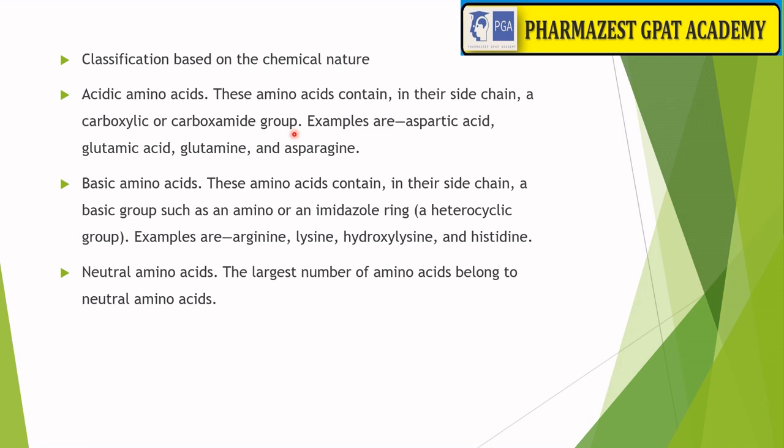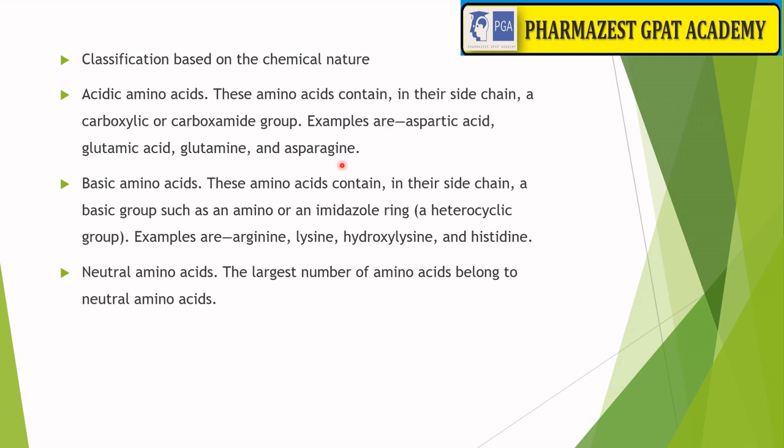Examples of acidic amino acids are aspartic acid, glutamic acid, glutamine, and asparagine. These are all examples of acidic amino acids, which contain a carboxylic group attached to the side chain, that is the R group, which was dealt with in the previous slide.